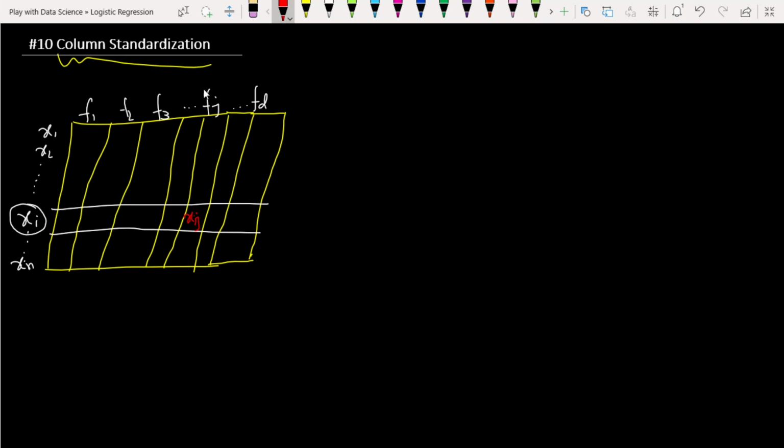Fj is the feature. The dimension of xi belongs to R^d, because in our model we have d features, so our point belongs to d-dimensional space.